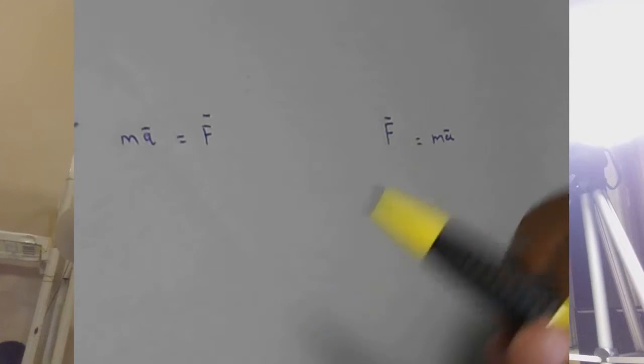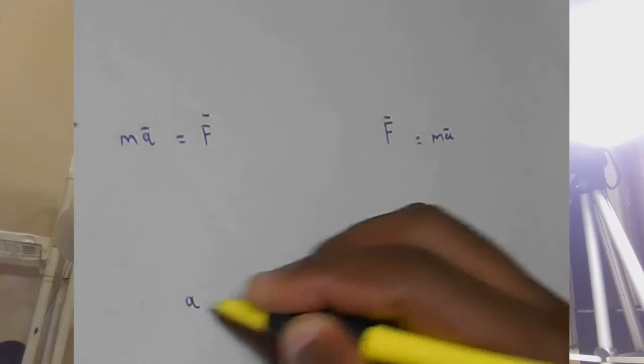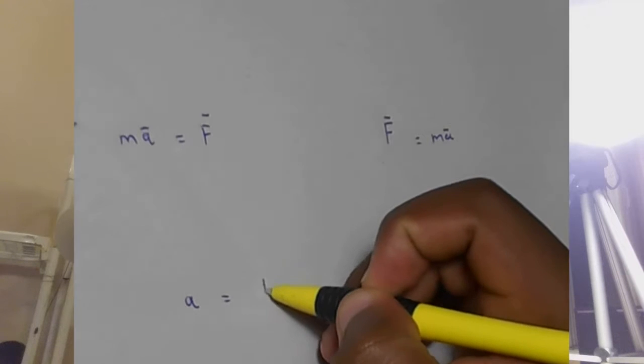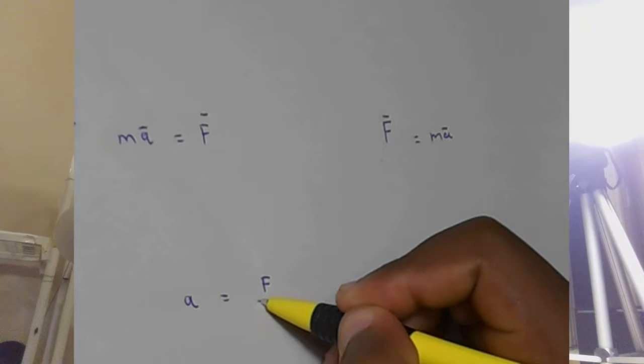But this is not how Newton formulated it. According to Newton, he wrote that the acceleration of a body is directly proportional to the force being applied to that body and inversely proportional to the mass of that body.